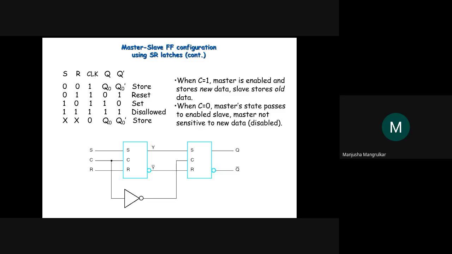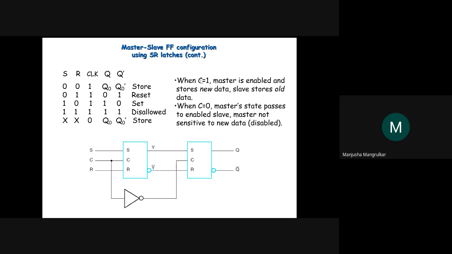As we have seen till now, when C is equal to 1, the master is enabled and stores the new data, and the slave stores the data, right? When C is equal to 0, the master state passes to enable the slave, and the master is not sensitive to the new data. It is disabled. Right? This is the fixed condition for the master and slave.